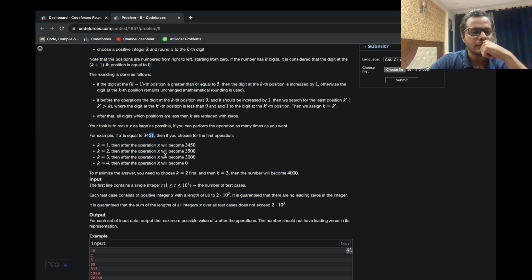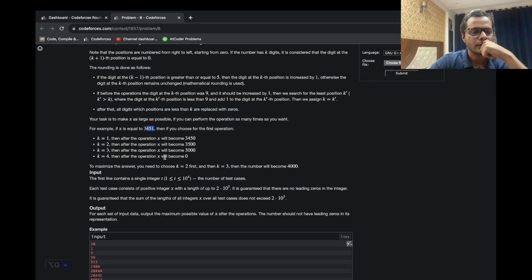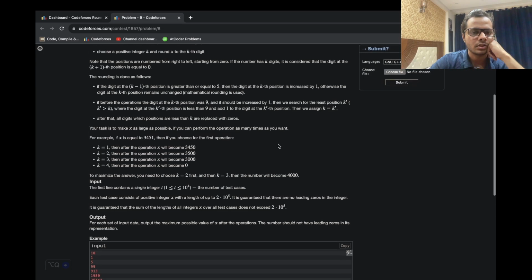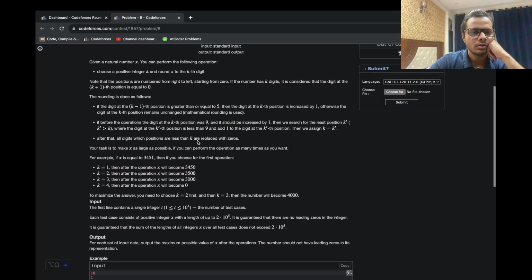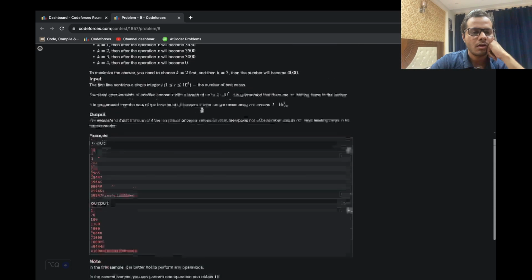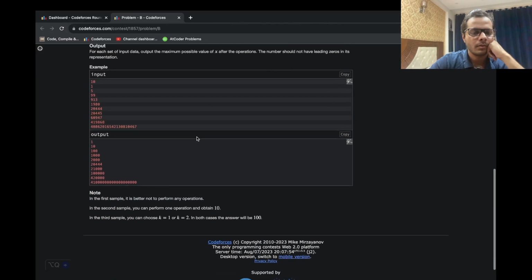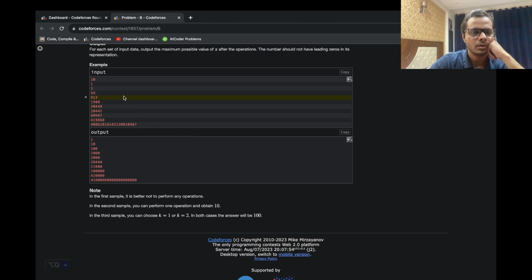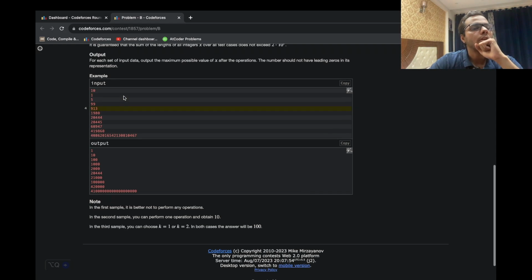K is equals to 3, then what do we get? K is equals to 4, then we get 0. To maximize the answer, you need to choose k equals to 2 first, then k equals to 3, then the number will become 4000. Maximize x as large as possible. Okay, I see.